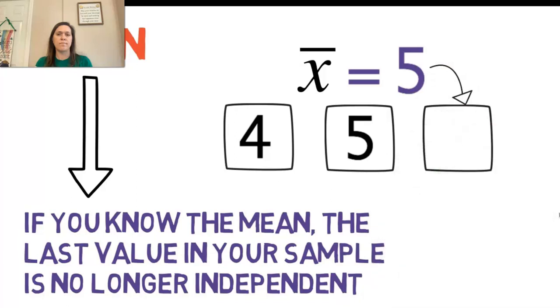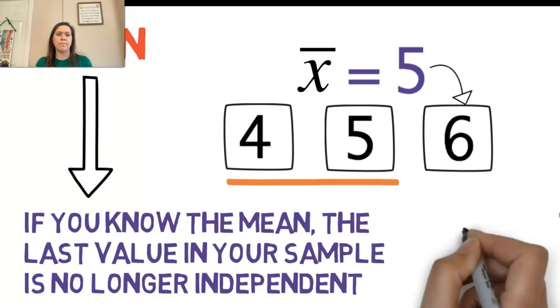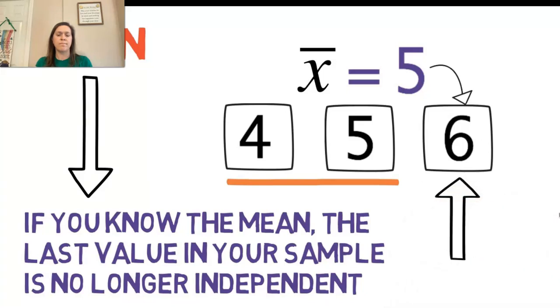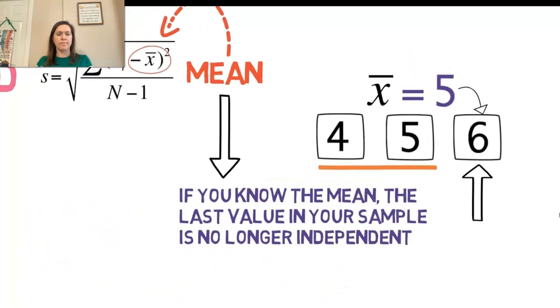It cannot vary. So once you know the mean, you only need to know 2 of those numbers, and then you automatically know the last number, a bit like not needing to turn over the last cup to know where the ball is. So because you already know the mean, the standard deviation doesn't depend on each and every one of the values in your sample.